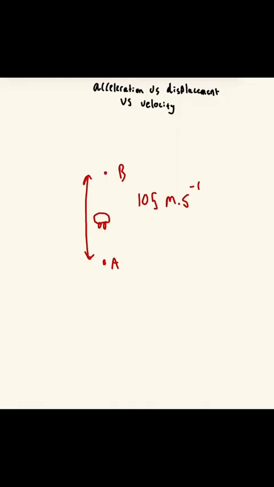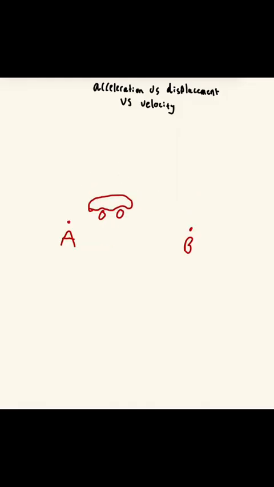Alright? Now, looking at acceleration, okay? Acceleration is the rate of change in velocity. So, how fast is its velocity increasing or decreasing? For example, if we have a car traveling at the same speed, then it won't have any acceleration until it stops. That would be deceleration.